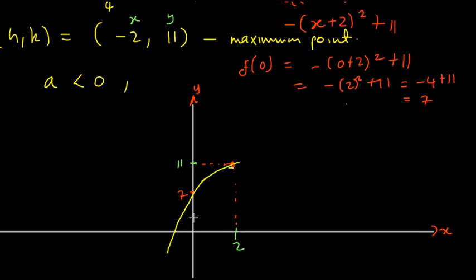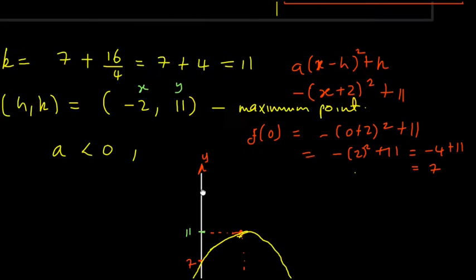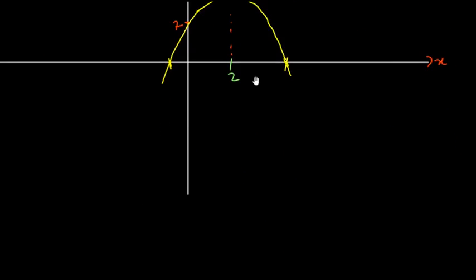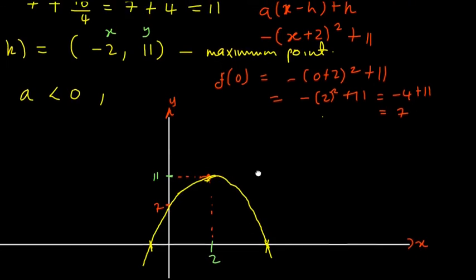and it looks like it has 2 x-intercepts, or it cuts the x-axis at 2 points. So to find those 2 points, since we have already completed the square, we should solve for x.